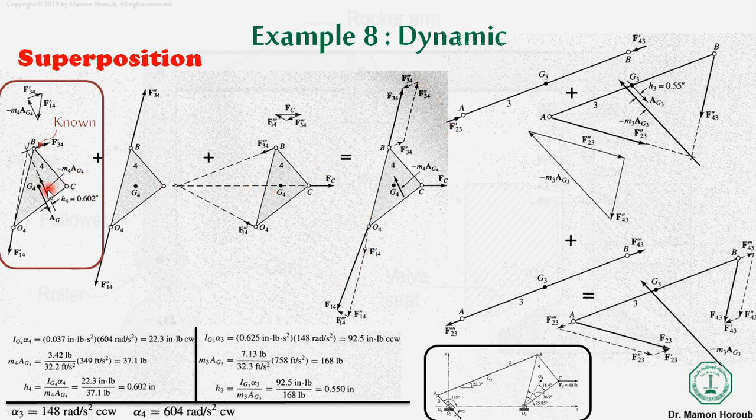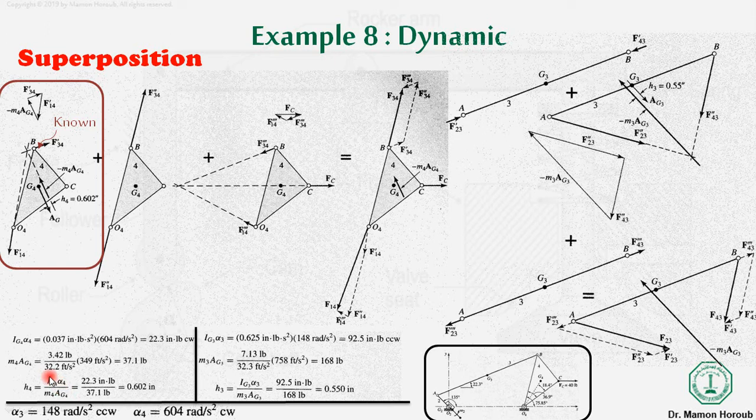So in the first case we are not considering the force Fc; we are only considering the inertial force. So how can we calculate the point of application of the inertial force? I told you in the previous problem, you need to find the value of h. So h over here will be Ig4 alpha 4 divided by m4 Ag4.